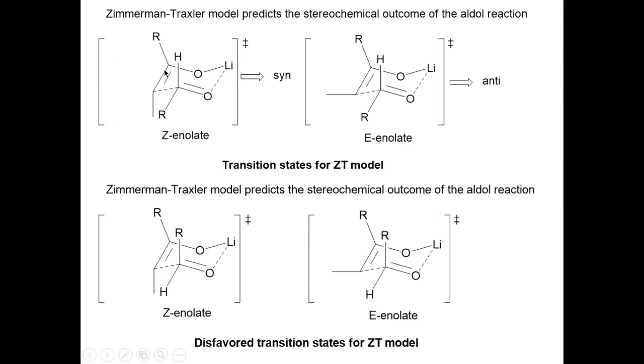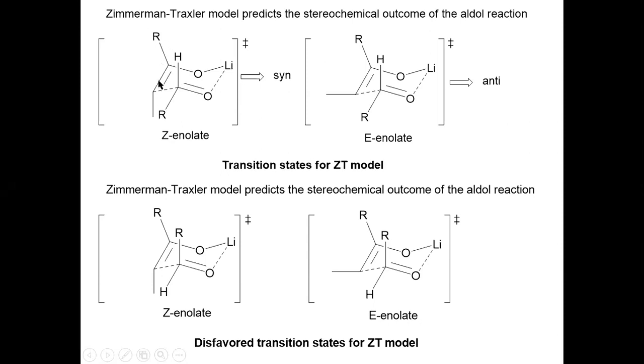This is your enolate right here, and then this is your aldehyde, right? And so your enolate and aldehyde are going to interact with one another such that the R group up here on your enolate doesn't have any steric interaction with the R group on your aldehyde, right?